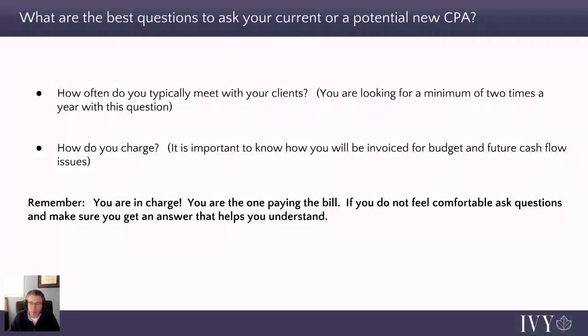If they say that they bill by the hour and they're not really sure how much it's going to cost, that's more of an old school traditional way, I think, and that can get you into trouble, because you could get a surprise bill. So even if they say they charge hourly, I would say, can they come up with an estimate or a budget for you so that you know how much money you're going to need to pay the bill versus getting a surprise.